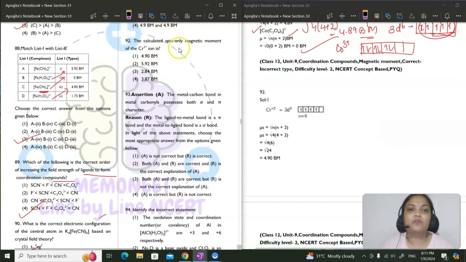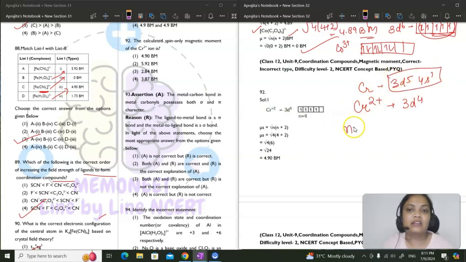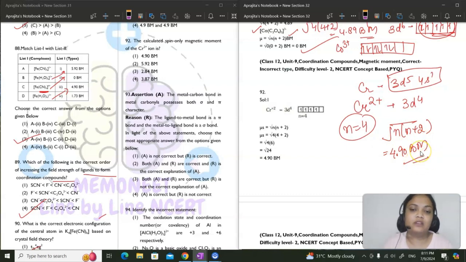Calculate the spin only moment for chromium 2+. Again chromium 2+, students, it's 3d4, because chromium is 3d5 4s1, no? So chromium 2+ is 3d4 and 4 unpaired electrons. So 4 unpaired electrons means square root of n into n plus 2 you will do. So it will come out to be 4.90 Bohr magneton again.